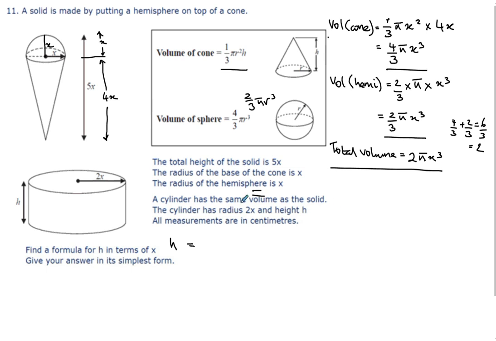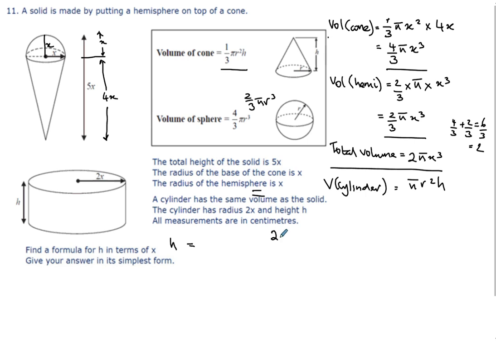Okay, and then it's saying it's got the same volume as the cylinder. Yeah, so the volume of the cylinder, we'll just put the volume of the cylinder equals pi r squared h. Yeah, and over here we'll write the whole thing.